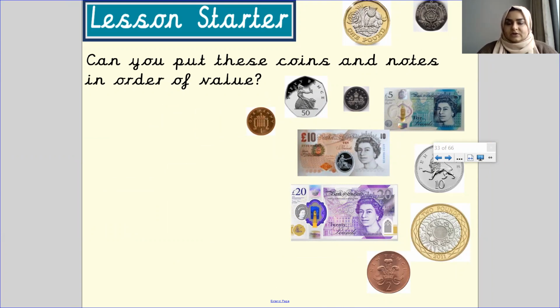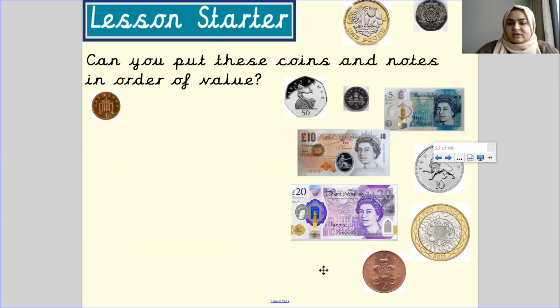First of all, you should have had 1 penny, because that is the smallest value. Okay, 1p. Now, what did you put second? Which coin did you put after 1p?